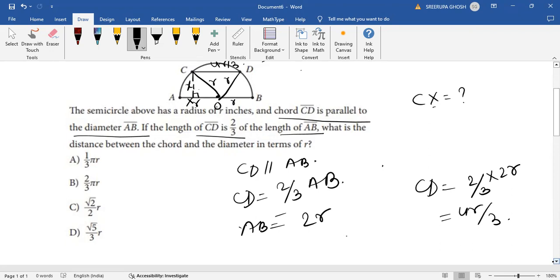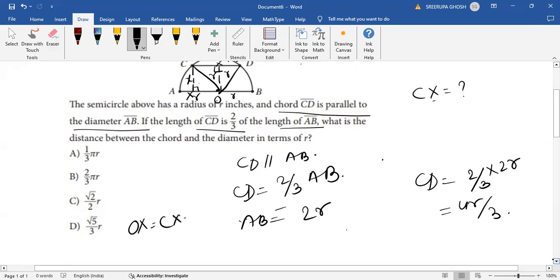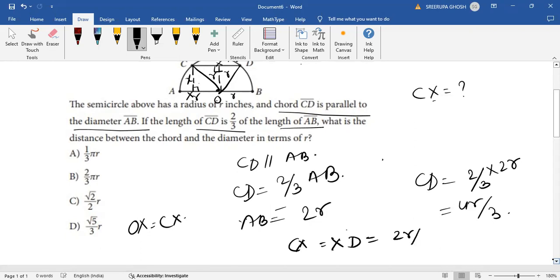So OX is equal to CX. Yes or no? And what is OX doing? OX is basically bisecting CD. Yes or no? OX is basically bisecting CD, right? So if OX is bisecting CD, that means now CX is equal to XD equals 2R by 3, correct?